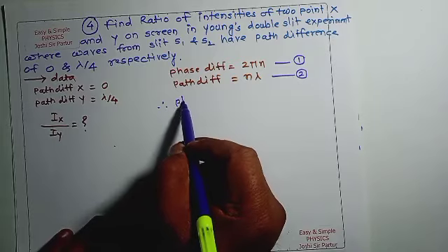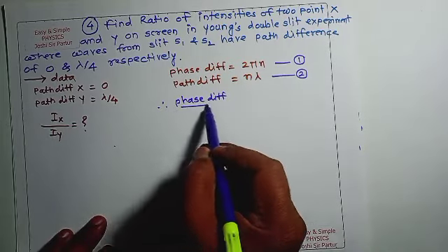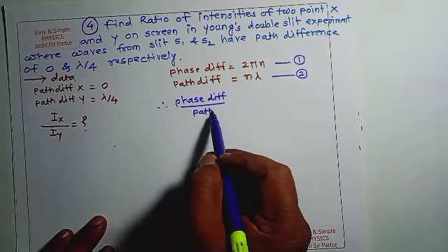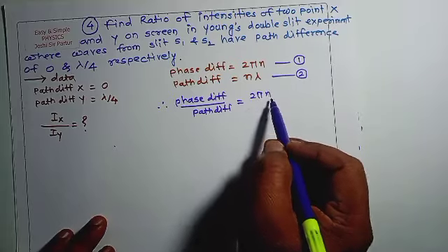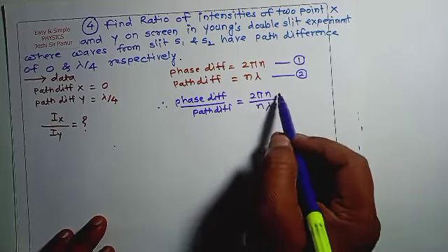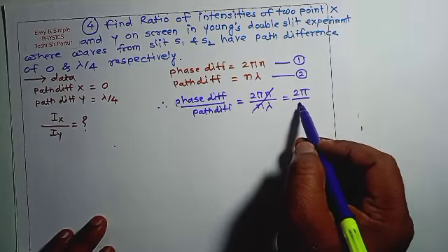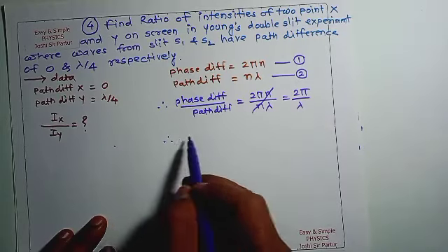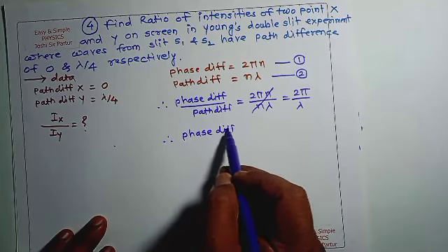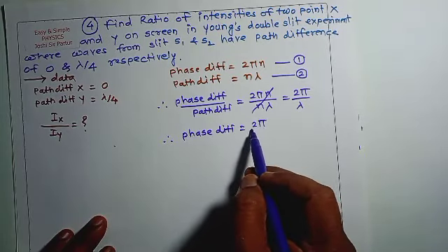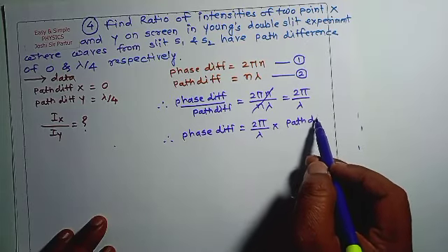Therefore, phase difference divided by path difference is equal to 2 pi n upon n lambda. N gets cancelled, it will be 2 pi upon lambda. So therefore, phase difference will be 2 pi upon lambda multiplied by path difference.